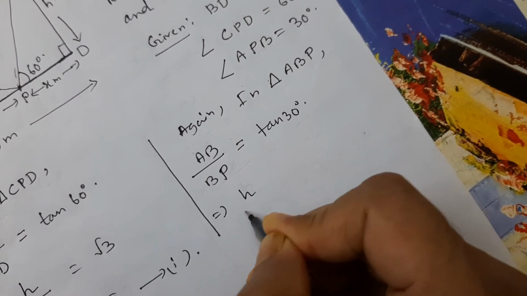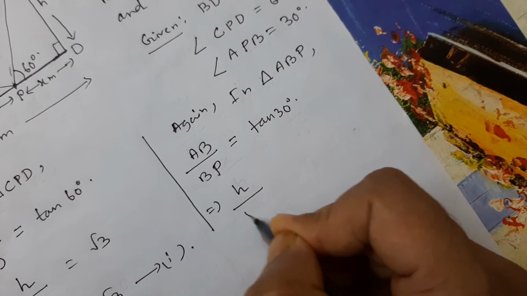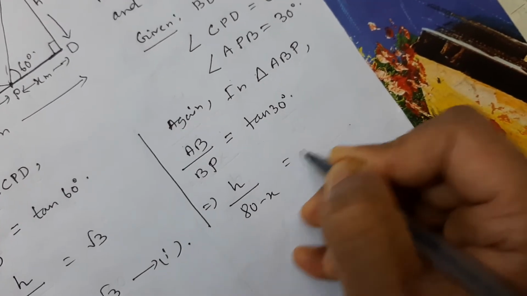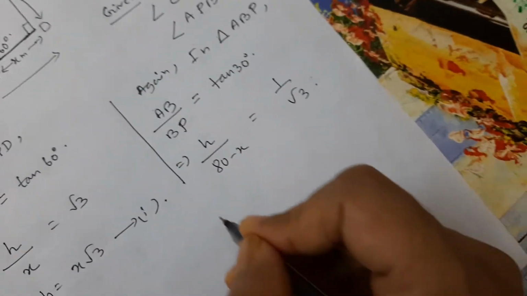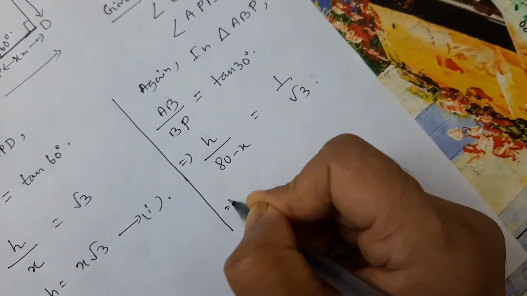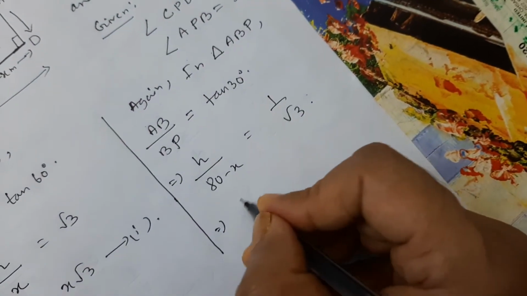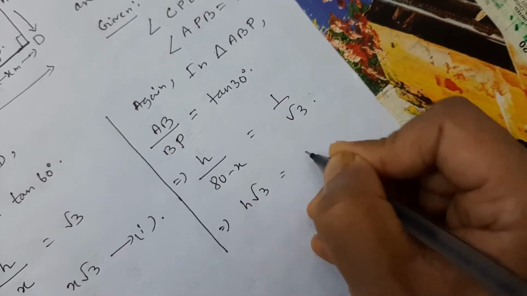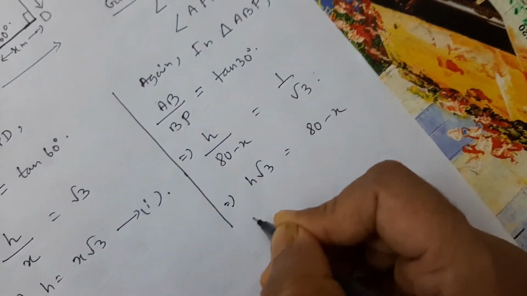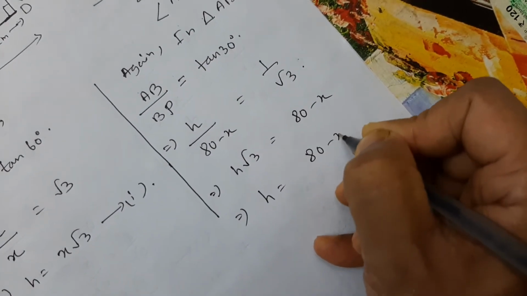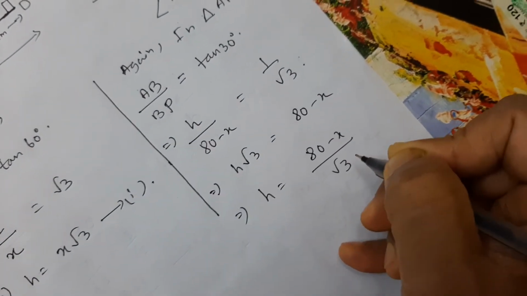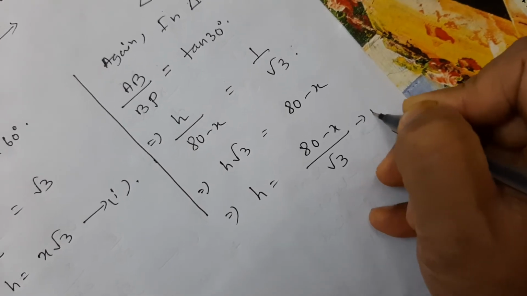AB is h and BP is 80 minus x, equal to tan 30, which is 1 by root 3. Cross multiply: h root 3 equals 80 minus x. So h equals (80 minus x) by root 3. This is equation number 2.